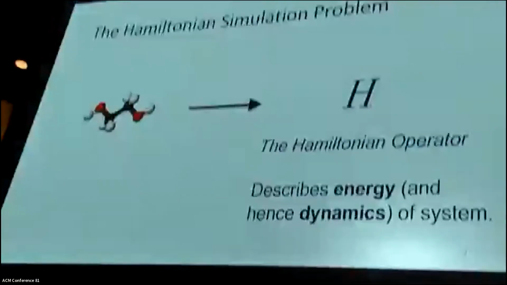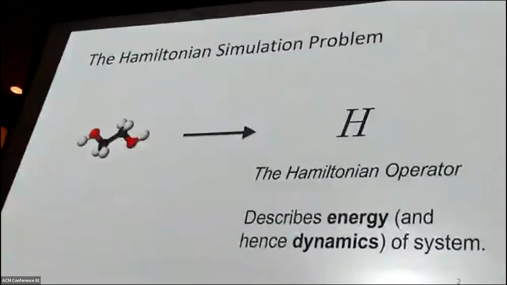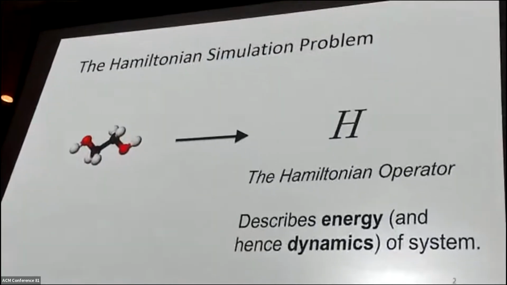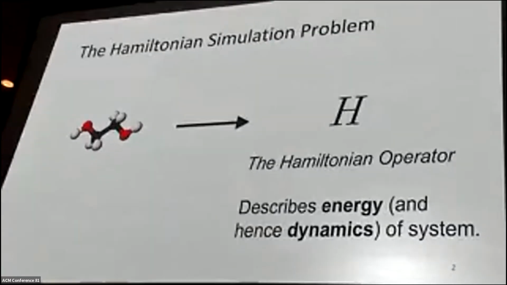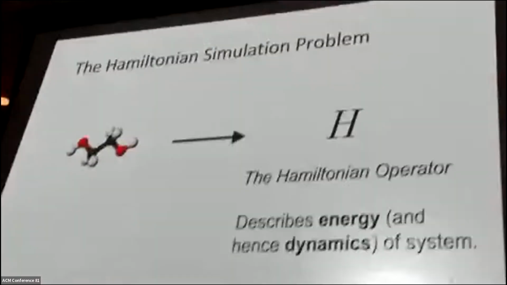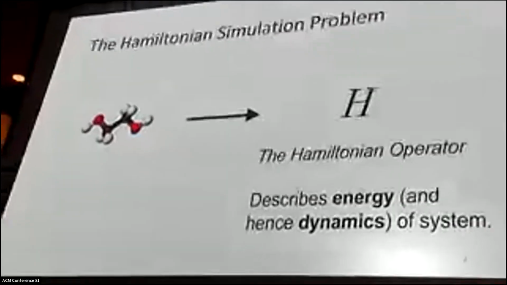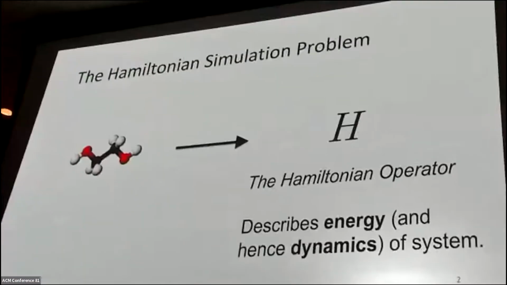So in this work, what we're looking at is a specific application, which is a very important, prominent application for quantum computers, the Hamiltonian simulation problem. In Ken's talk, he talked about some of the most promising applications of quantum computers, and he also talked about some of the ways in which our current classical supercomputers are being used.